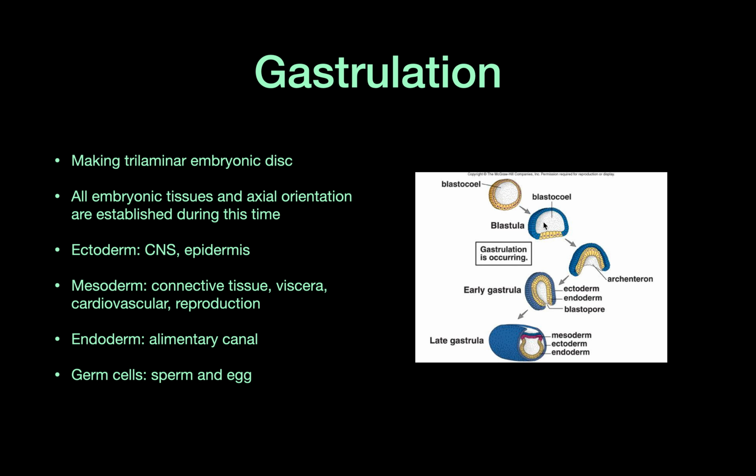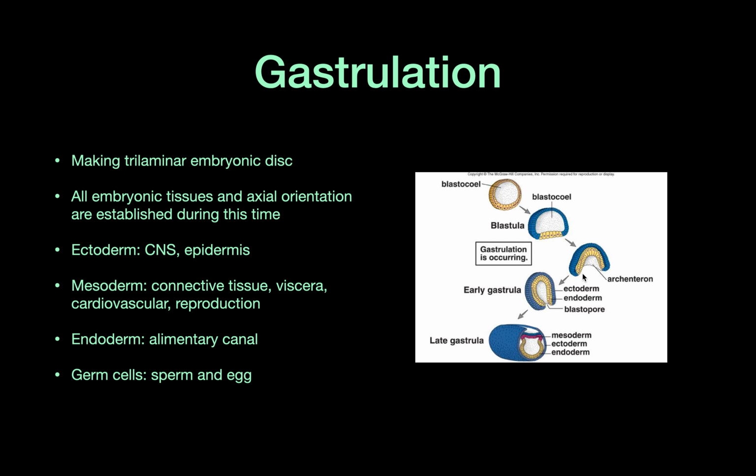As you can see here, gastrulation begins with the blastula, and then the blastula will first form this hollow blastocele, and then it invaginates these cells in, forming the structure called the archenteron. Pardon me, I can't really pronounce these very well.